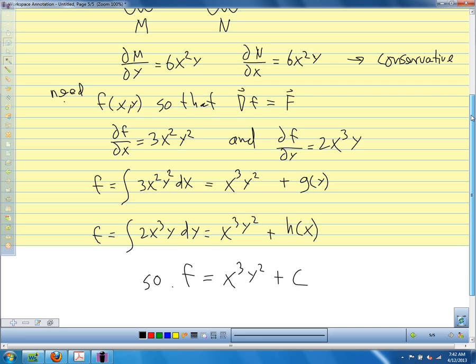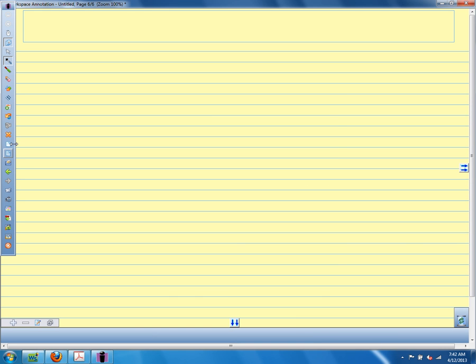Questions on that example? All right. So the next thing we're going to do is move off the plane and into space. And we get this nice new idea that we can use with vectors, and a new term: the curl.